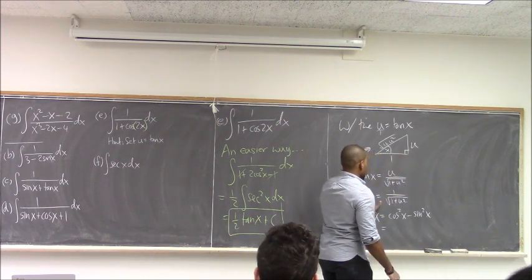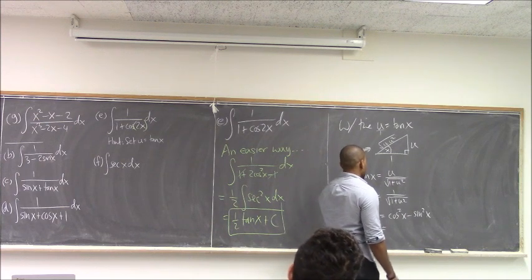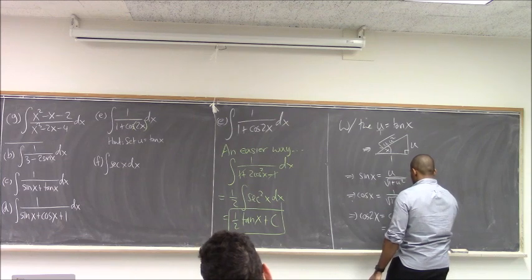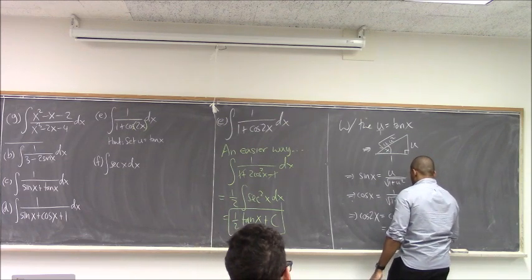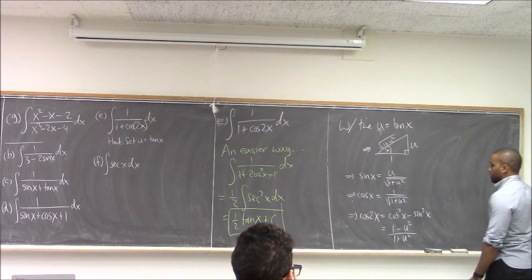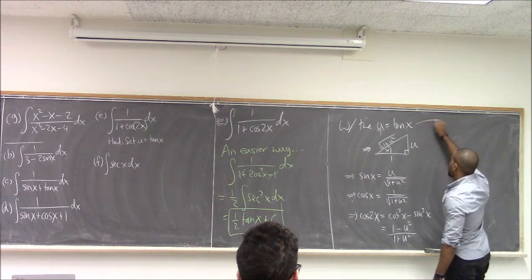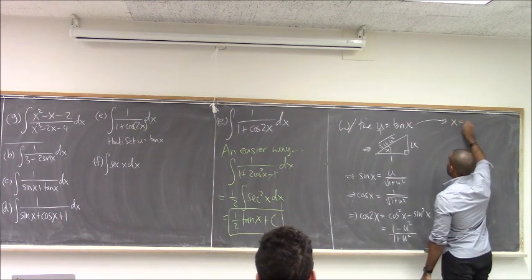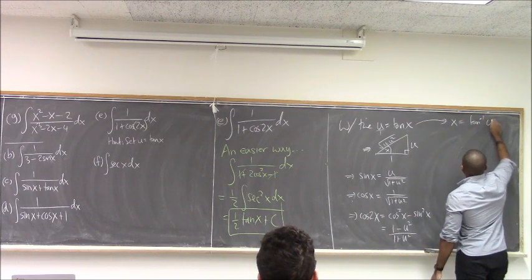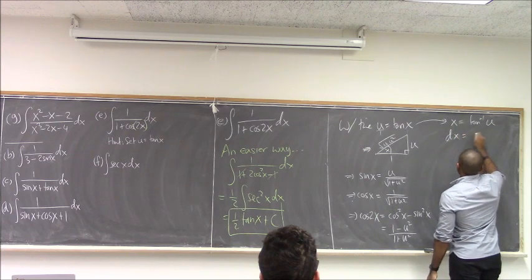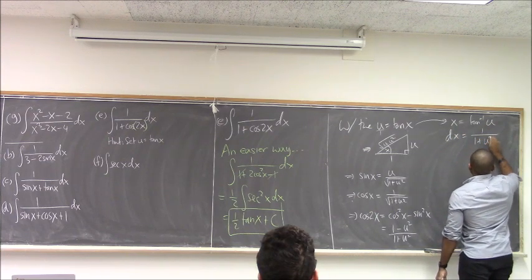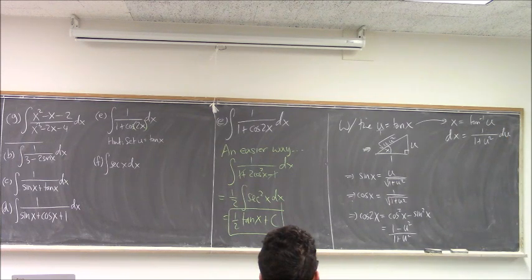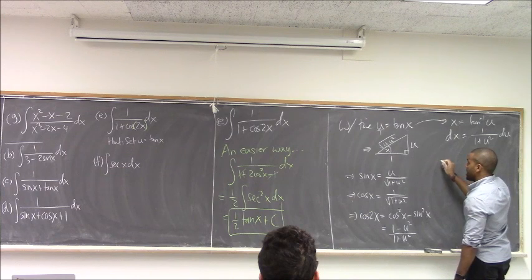So I'm going to square this and get 1 over 1 plus u squared, and square that, so this becomes 1 minus u squared over 1 plus u squared. It's going to look very similar. Also, x equals tan inverse of u, so my dx is going to be 1 over 1 plus u squared du. So you won't get 2 over, you get 1 over. But other than that, it's pretty simple.